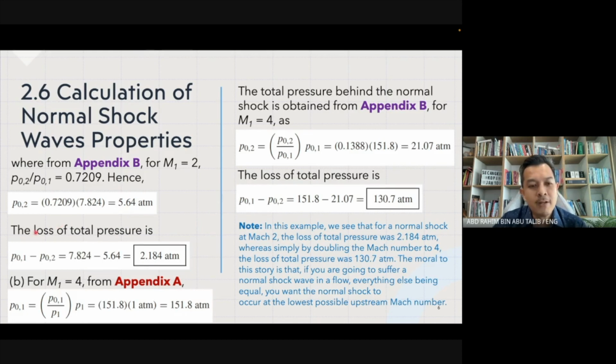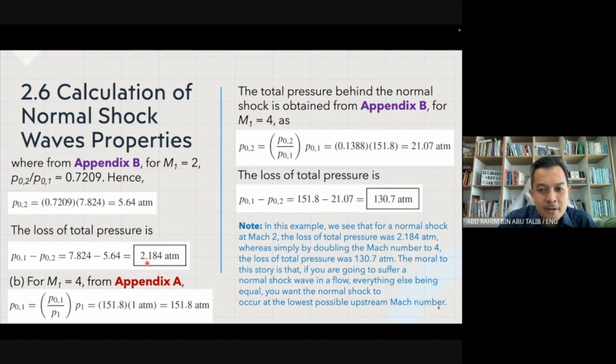So to find the total loss of pressure, you just take the difference between P01 and P02. We have already found P01 to be 7.824 and P02 to be 5.64, so the total loss of pressure is 2.184 atm.